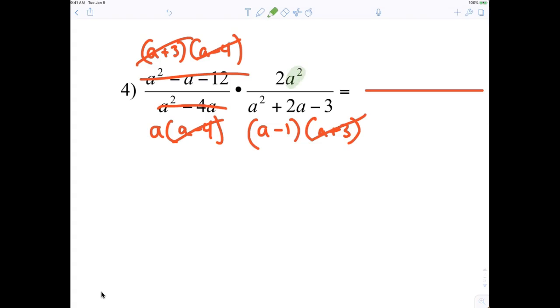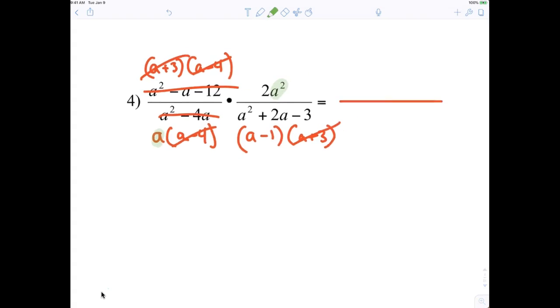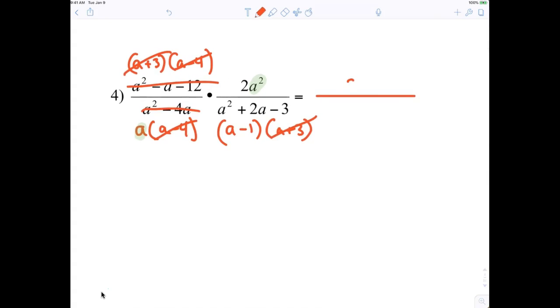Come on, you got to be careful. Okay, so it's 2a. Right. Can I reduce anything else? No. Cannot reduce. Things are now bounded by addition and subtraction, so you cannot reduce.